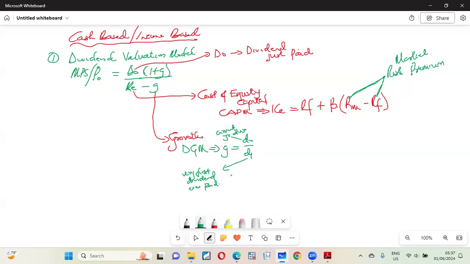So that is how we find growth using the dividend growth model.